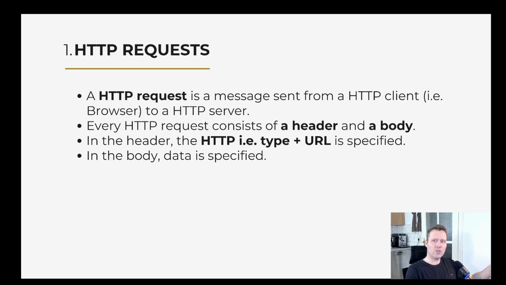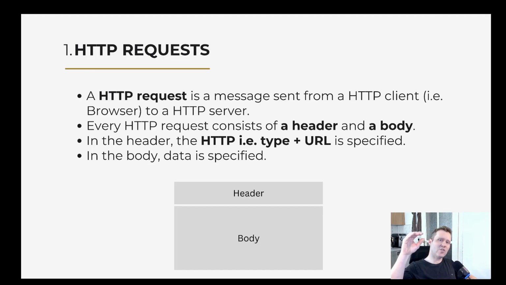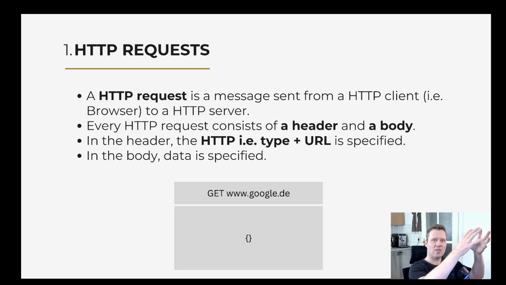Okay? If you want to visualize it, you can think of it like a block of data that is structured into header and body. And in the header, for example, we say that the HTTP request type is GET, yeah. Then the URL is www.google.de, and the body in this case is empty.